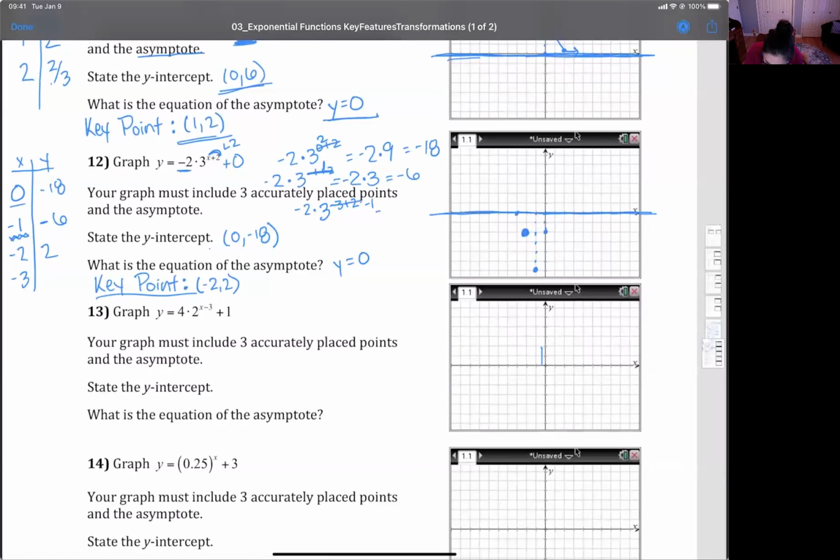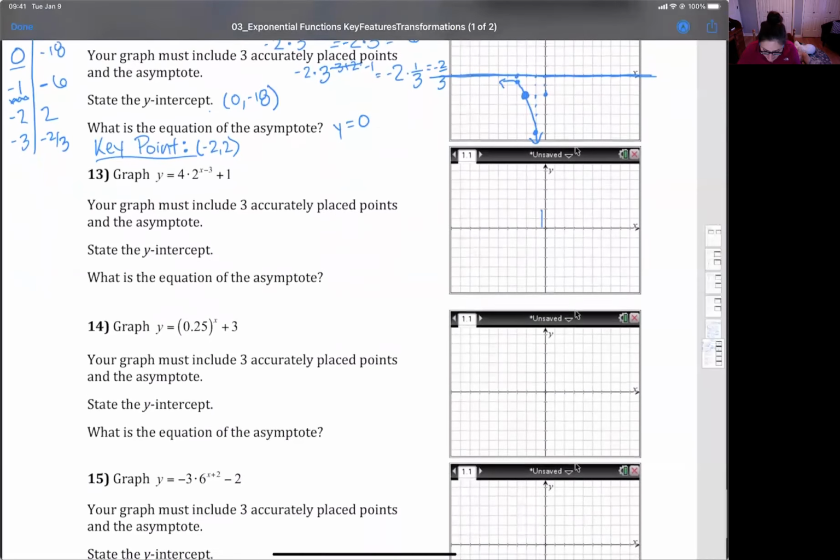So this would be -2 times 1/3, which would be -2/3. So -2/3 is that y value there. So 1, 2, 3, and then -2/3 is going to be like right there-ish. Okay, so there's 3 accurately placed points. I'm going to sketch in my function, and there's my graph.